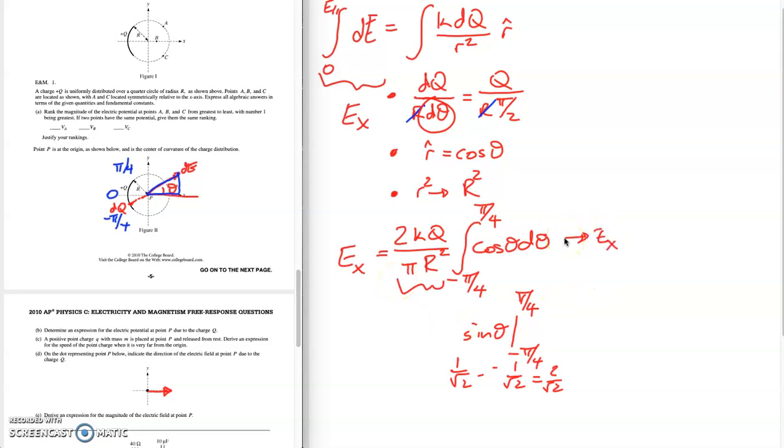So E sub x is going to be 2 root 2 kq over pi r squared. And I turned this just into root 2, because 2 over root 2 is just root 2. And this will be to the right, but again, we indicated that in part D.